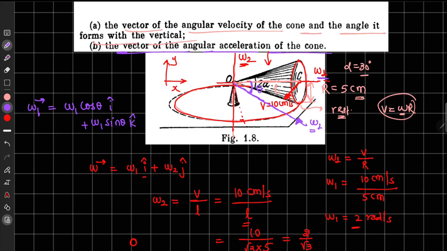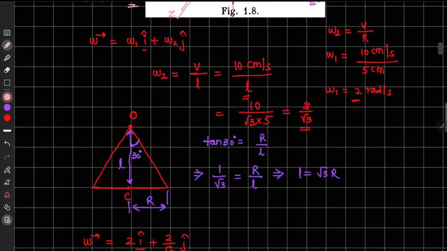Why k cap? Because the xz plane is perpendicular to the y-axis. So this is the x direction, this is the z direction, and the angular velocity will have components in the x direction and the z direction. That's why I have written it as k cap.